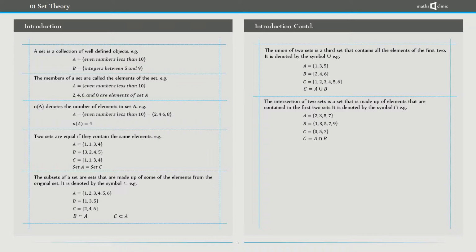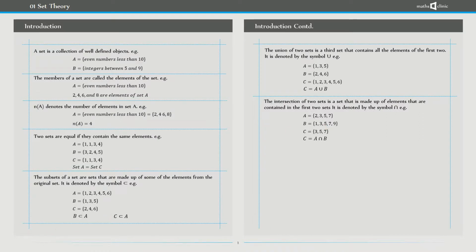What you notice is that C is the intersection of set A and set B. Let's draw this up. You have elements that occur in A that also occur in B, and that's what the intersection is about. So the elements that occur in A and also in B are 3, 5 and 7. Let's move on.